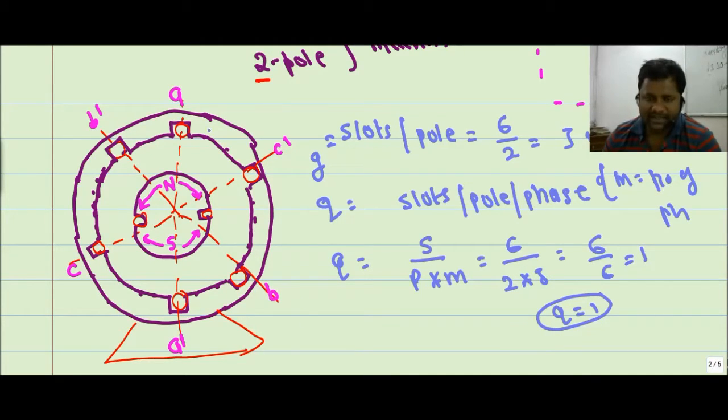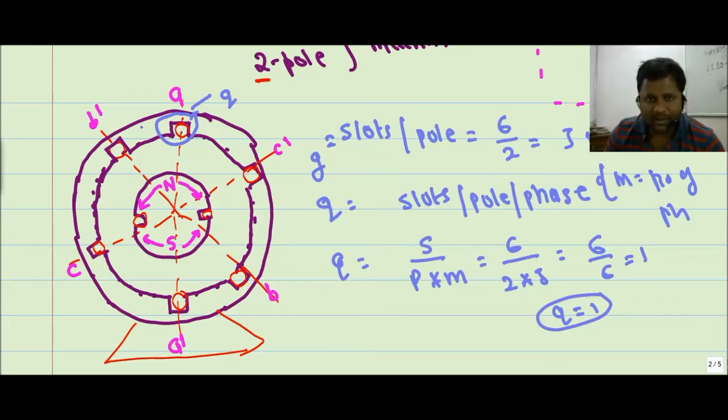In this case, we have seen that the total slots are 6. We have a 2 pole machine in the stator and rotor, and the slots per phase is 1. This is only Q. It is slots per pole.